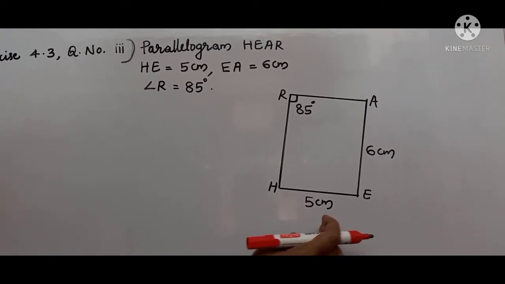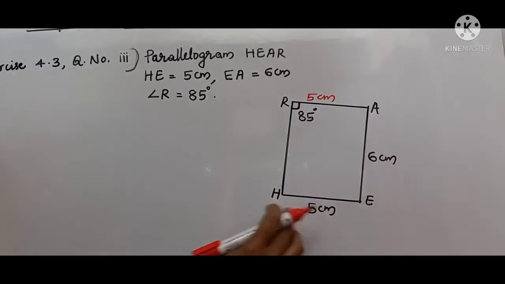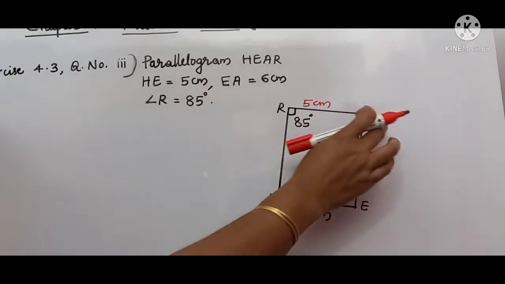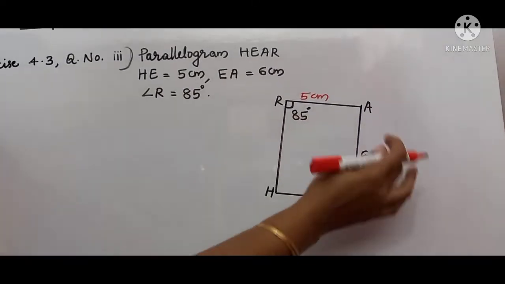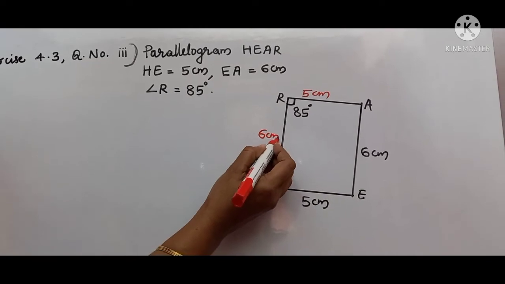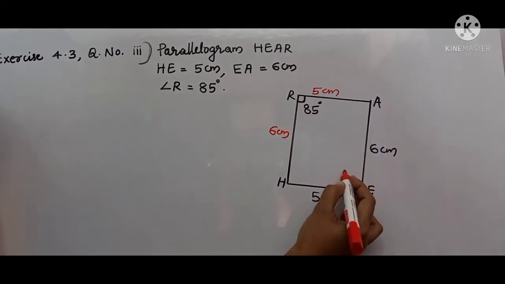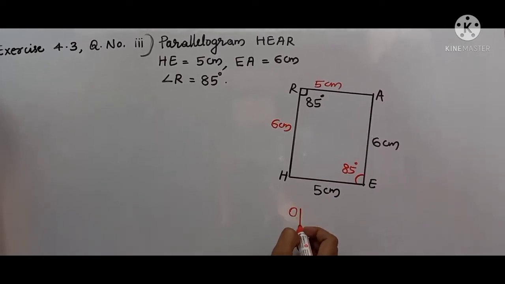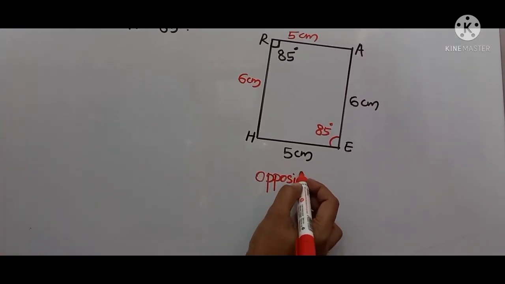The first one is opposite sides of a parallelogram are equal. So HE is 5 centimeter, opposite of this side HE is RA, so that is also 5 centimeter. Similarly AE, opposite of AE is RH, that is also 6 centimeter. Now we have got all four sides, and the opposite angle is 85 degree because opposite sides and opposite angles of a parallelogram are of equal measure.